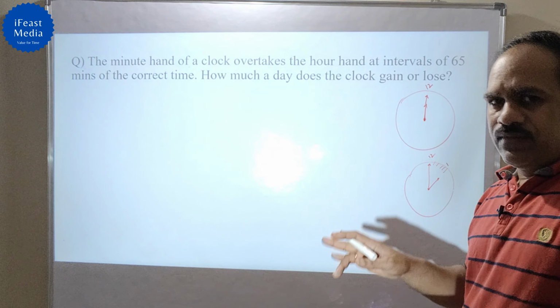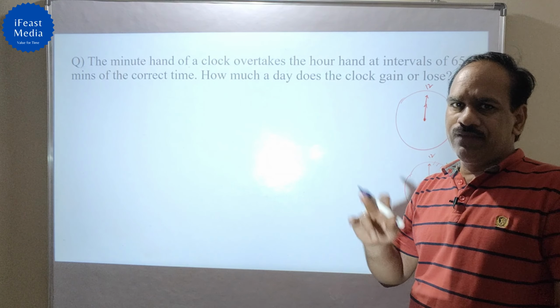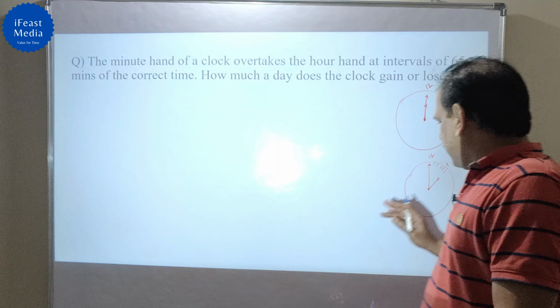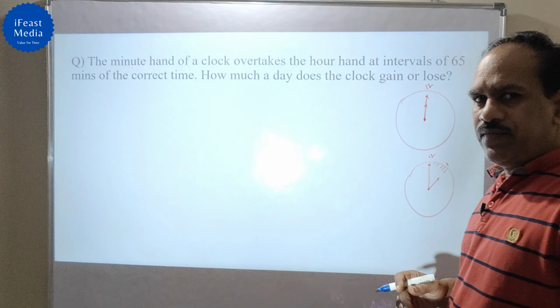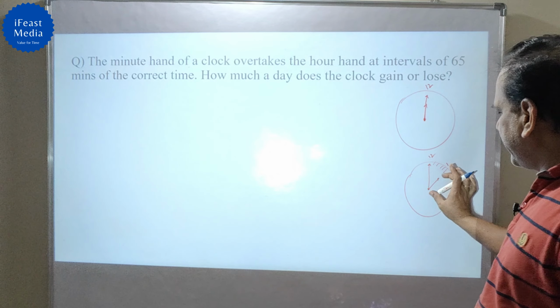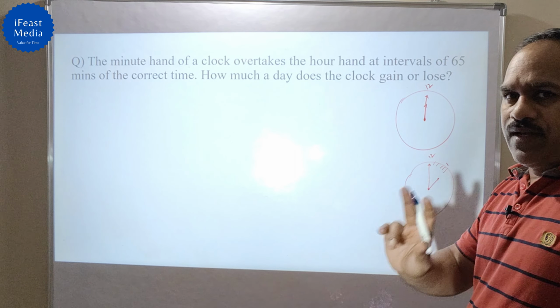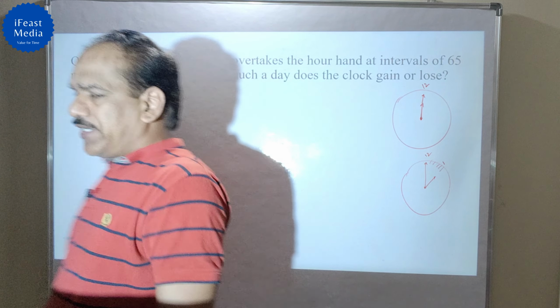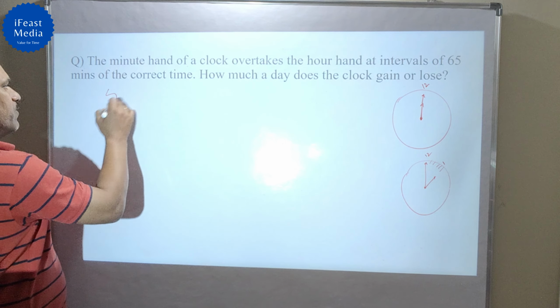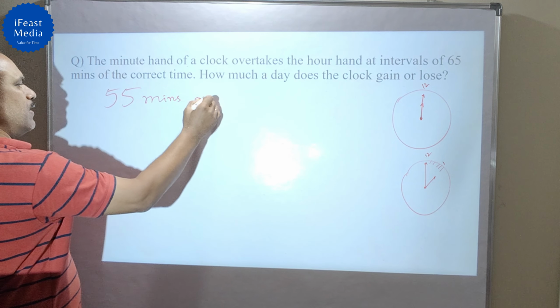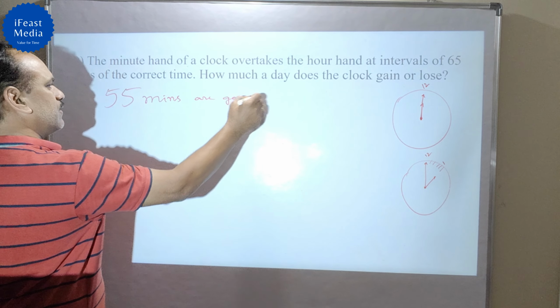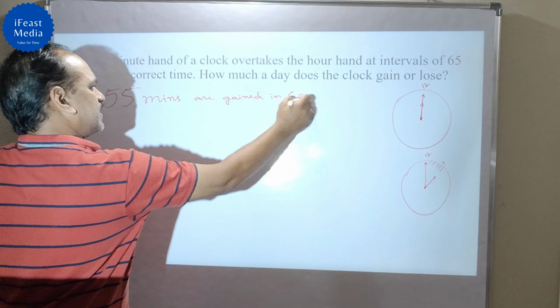Hour hand moved 5, minute hand moved 60. The difference is 55. So the minute hand gained 55 minute spaces over the hour hand within 1 hour. So that is an important point. 55 minutes are gained in 1 hour.